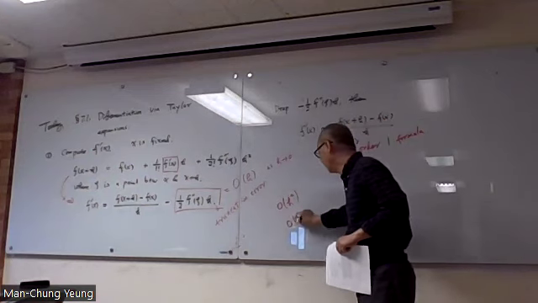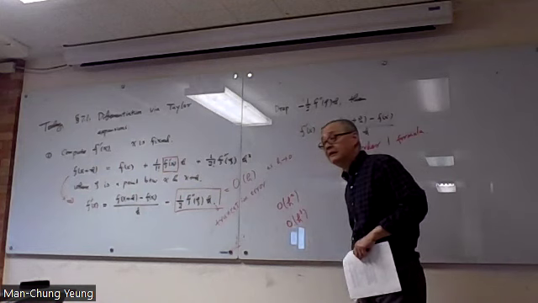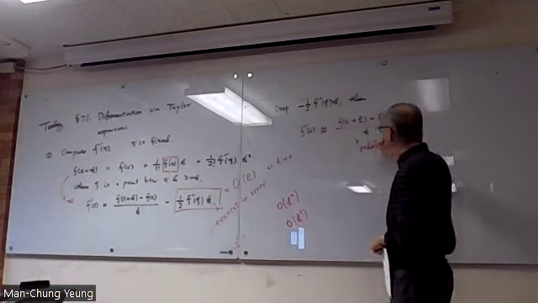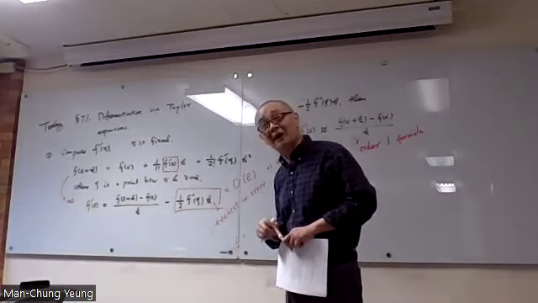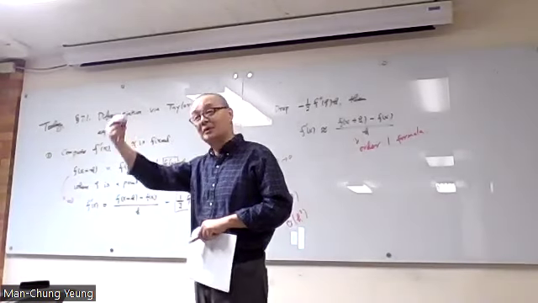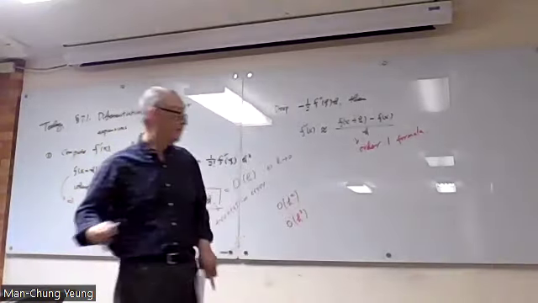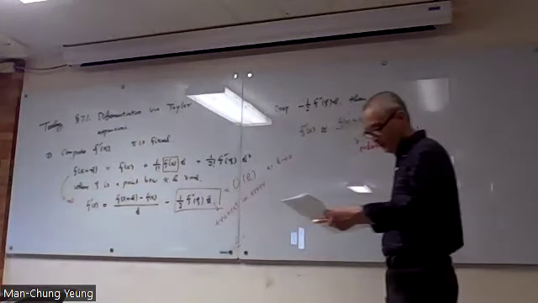If the power is 3, an order 3 formula. So this is an order 1 formula, not very accurate. The higher the order, the better the approximation.